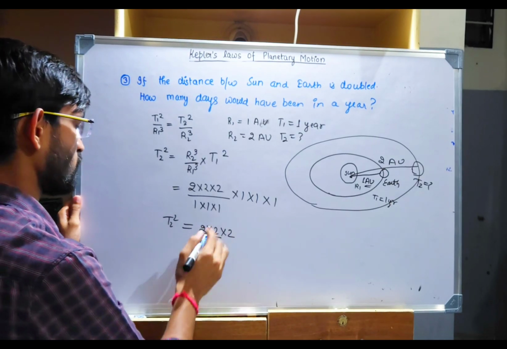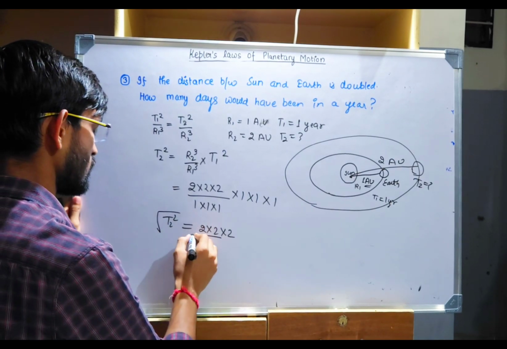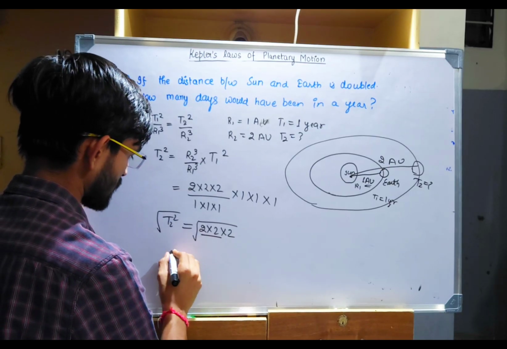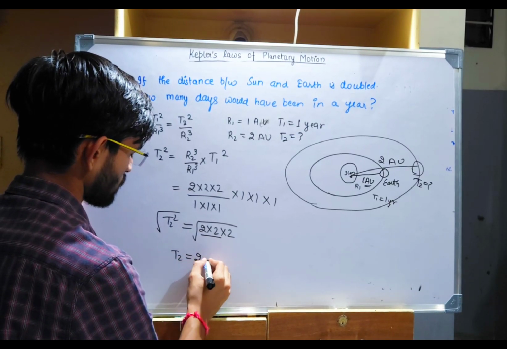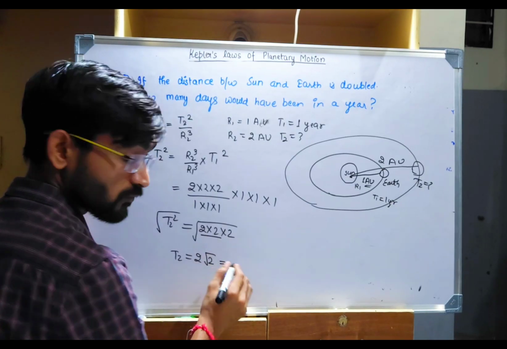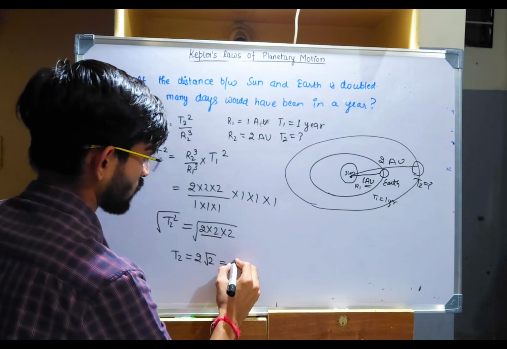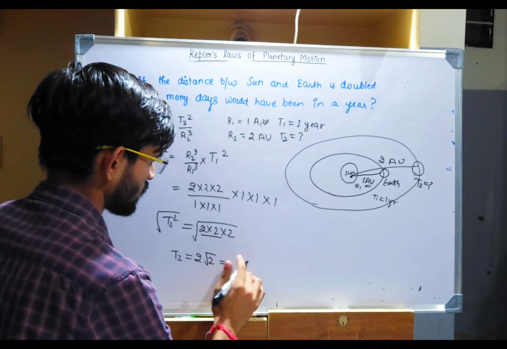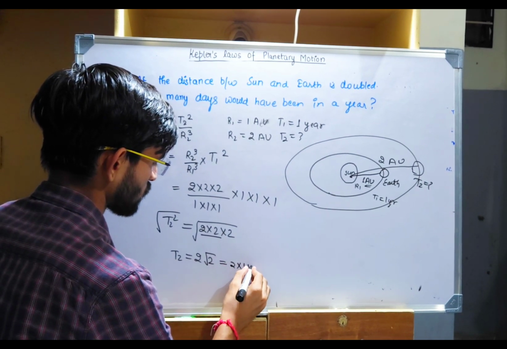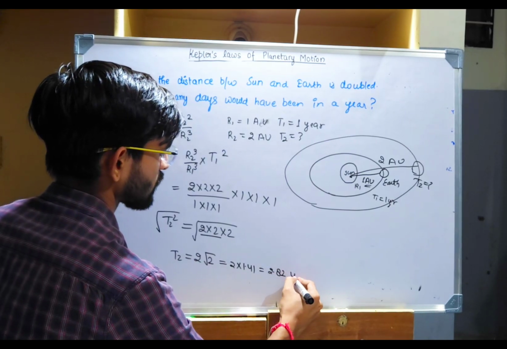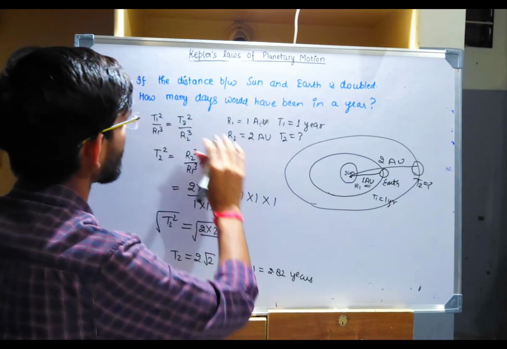These two 2's are forming pair. So if we take the square root, one will come outside and one will stay inside. T2 equals 2 root 2. That means value of root 2, 1.41. This becomes 2 into 1.41, which is 2.82 years, and we have to find number of days.